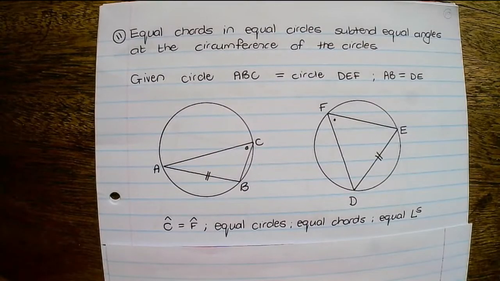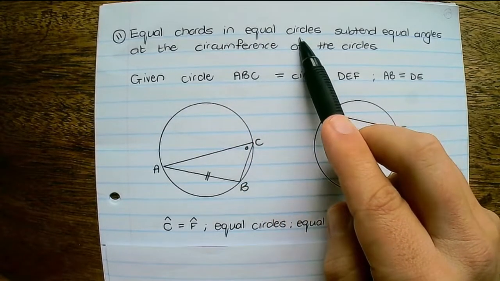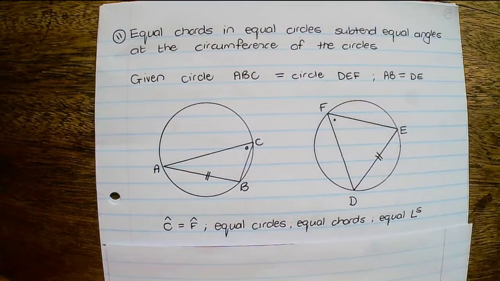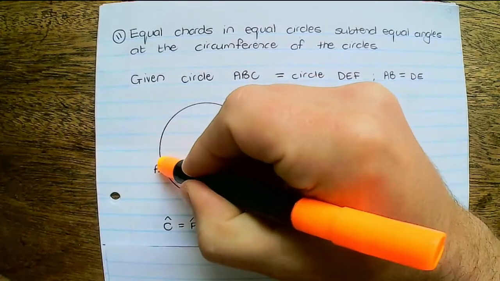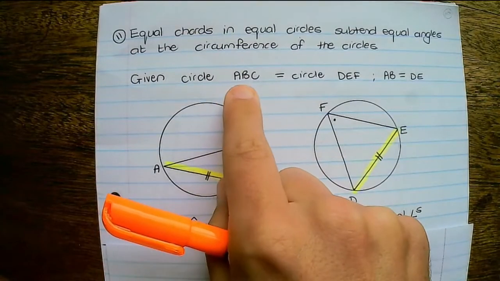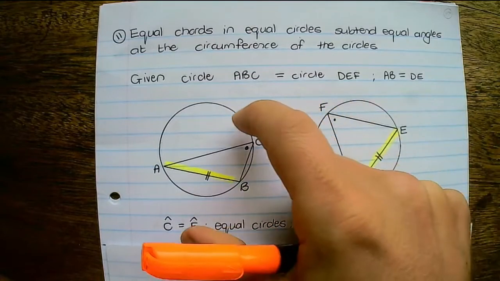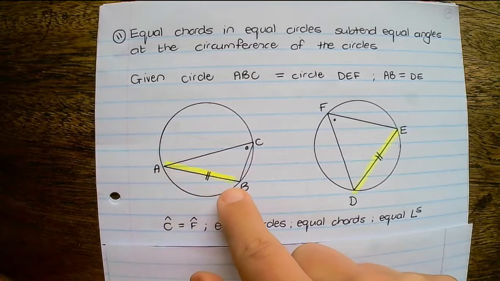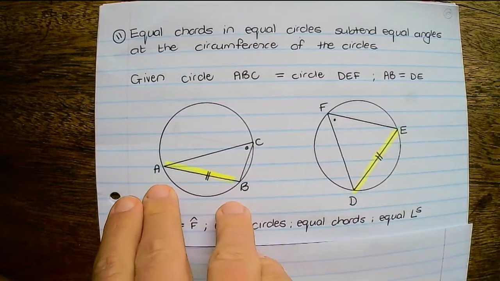Now lastly, we have equal chords in equal circles subtend equal angles at the circumference. Now this is our first one where we have two circles. What we are given is that these two circles, ABC and circle DEF, are exactly the same size. And we're also given that AB and DE are equal chords.